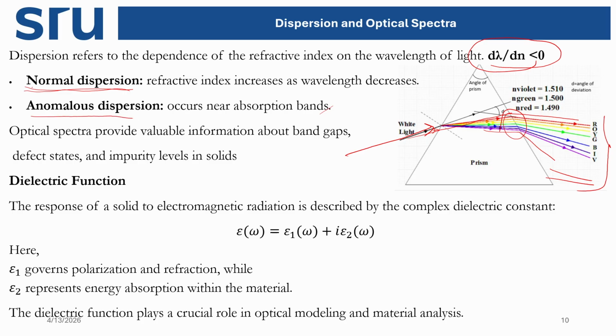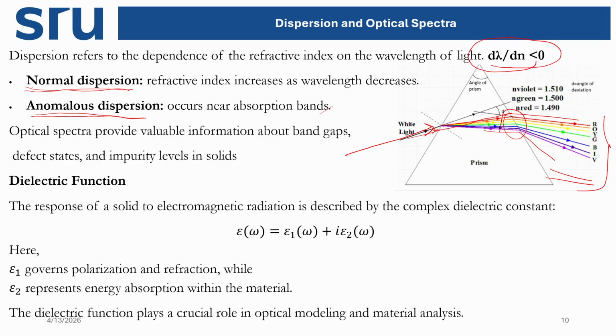Anomalous dispersion is when this is not followed. To repeat, in normal dispersion, if the wavelength of the light is higher, the bending should be less, and if the wavelength is lower, the bending should be higher.